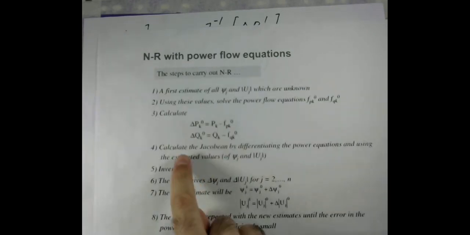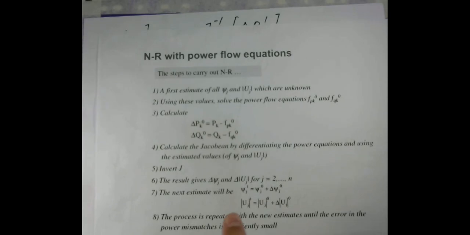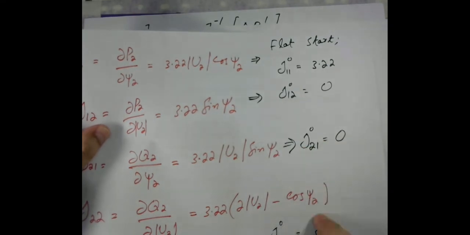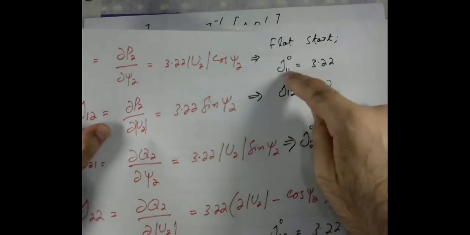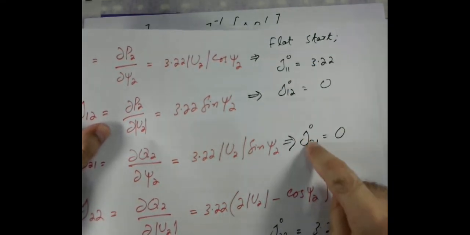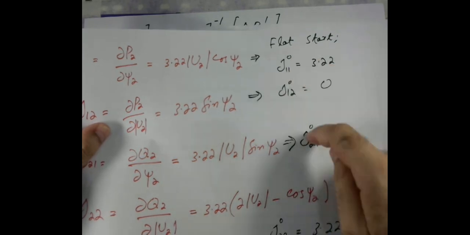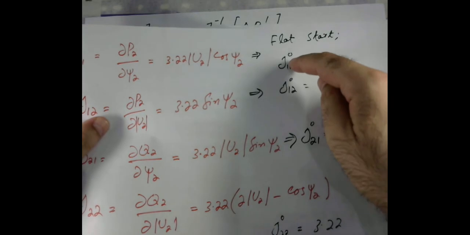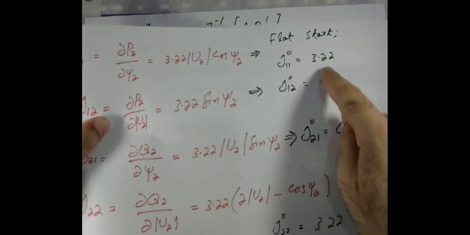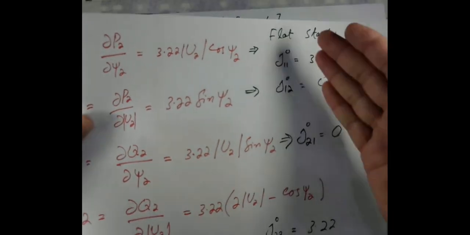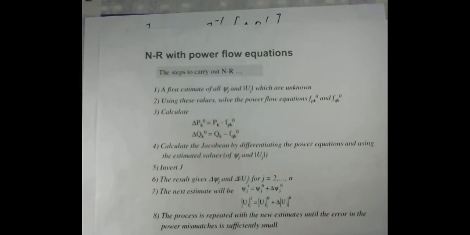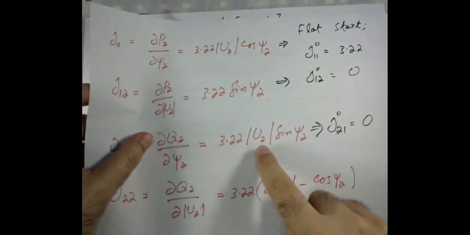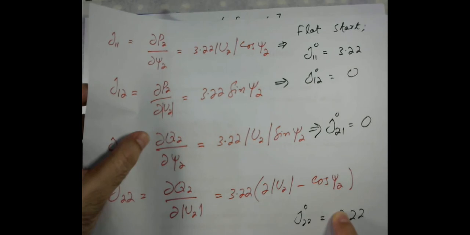Then, using the estimated values, we found the values of the entries of the Jacobian matrix. In the initial guess these values were like that, and once we found the updated values of the angle and the voltage, these values changed.